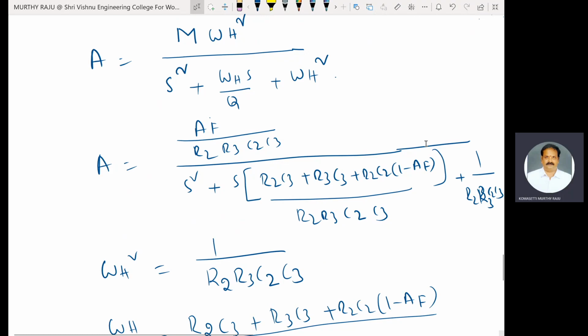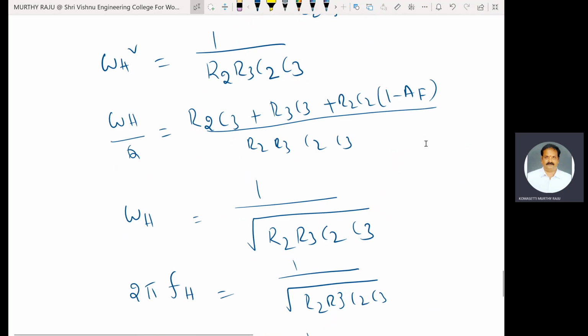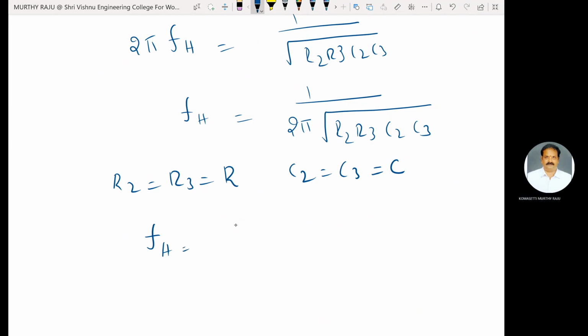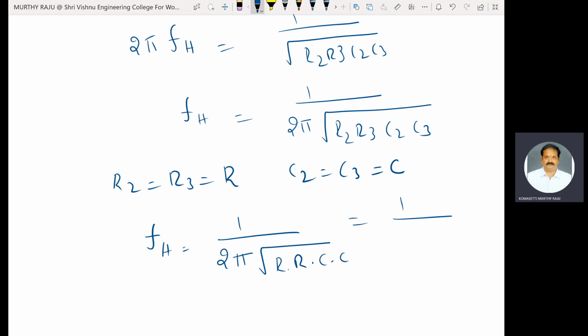And here R2 is equal to R3 is equal to R, C2 is equal to C3 is equal to C. Therefore, cutoff frequency of that second order Butterworth low pass filter is 1 by 2 pi square root of R square C square, that is equal to 1 by 2 pi RC.